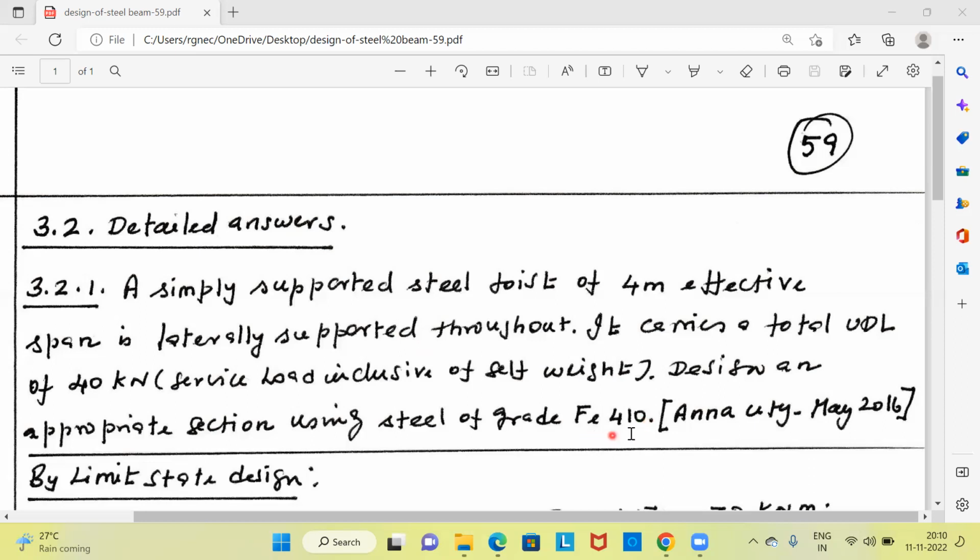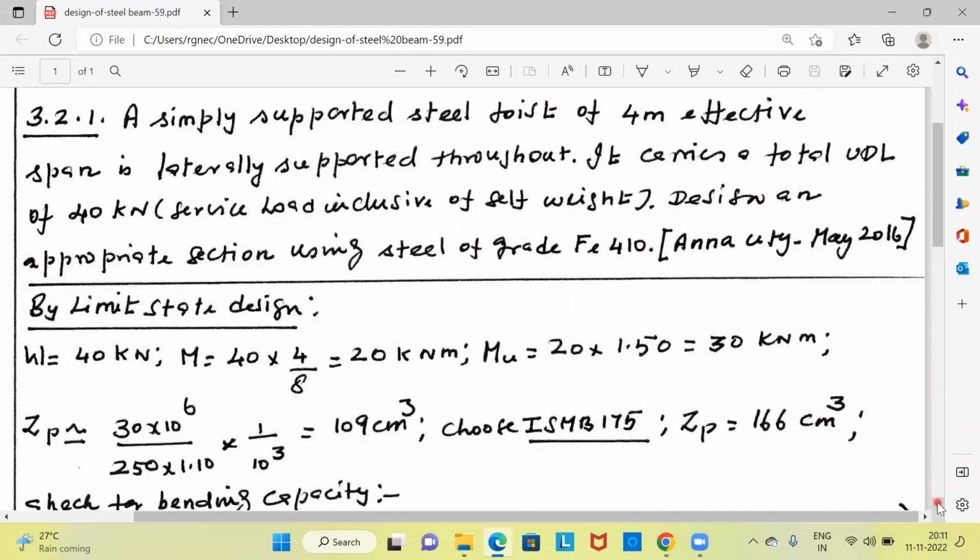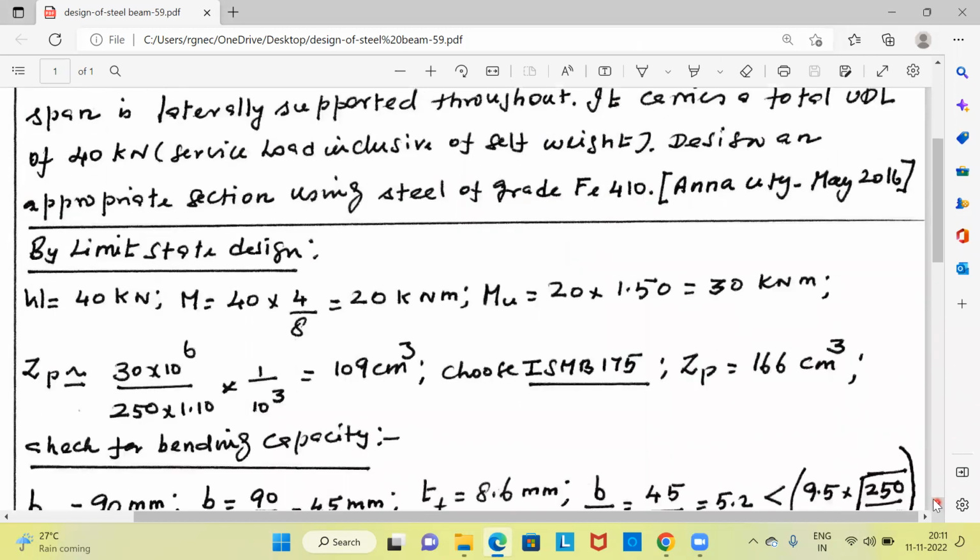This Fe410 is mentioned, which means we have to take Fy equal to 250 Newton per millimeter square. Now the design procedure involves assuming an approximate section and then checking it for 3 criteria: one is bending capacity, the other one is shear capacity, and the other one is deflection.